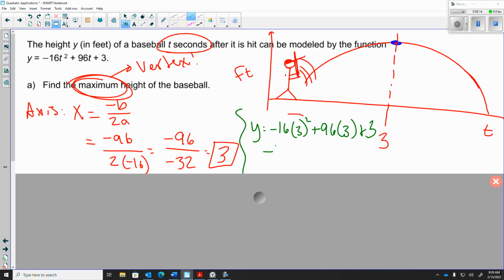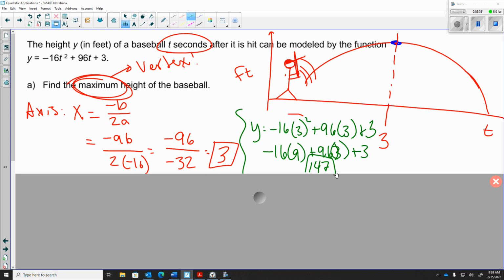So multiply that by 9. Somebody cranking it out? 147. So we put that on a calculator, you get 147.